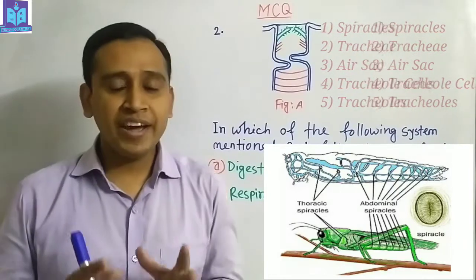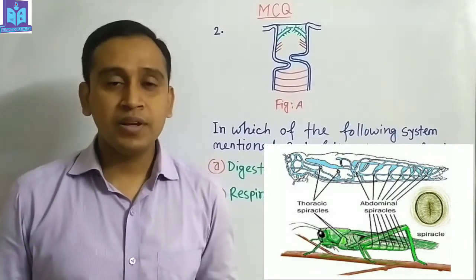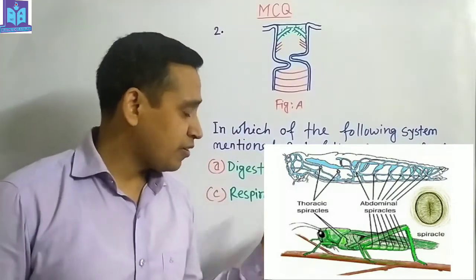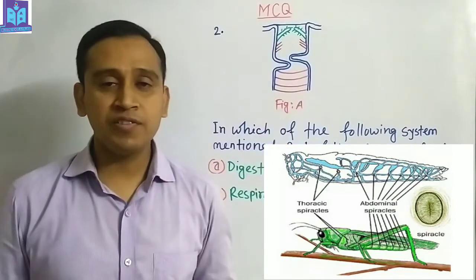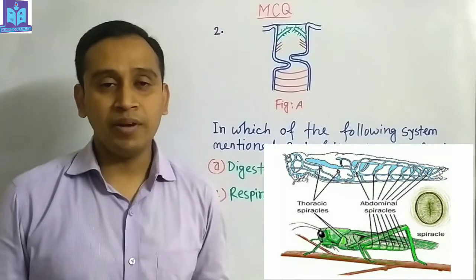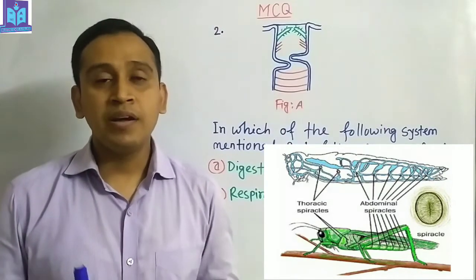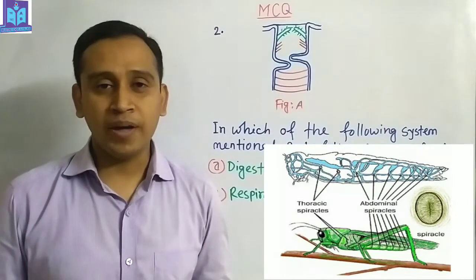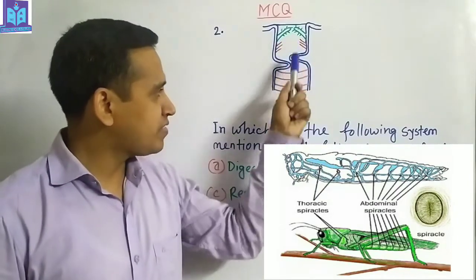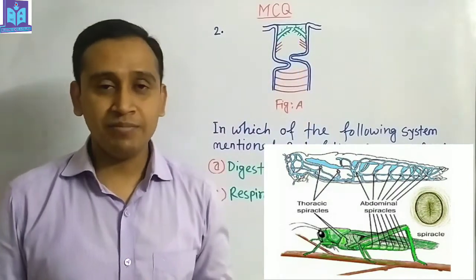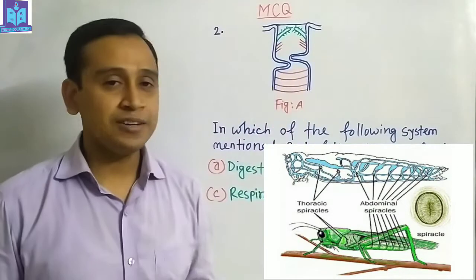There are 10 pairs of spiracles present in the respiratory system. Among them, 2 pairs of spiracles are present in the thorax and 8 pairs of spiracles are arranged on both sides of the abdomen. The spiracles open into a tube-like structure called trachea.